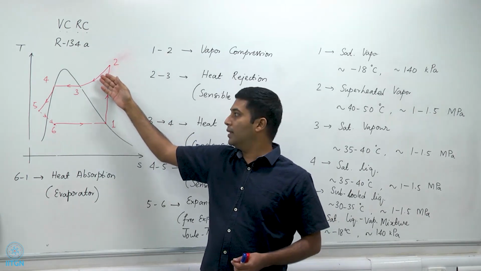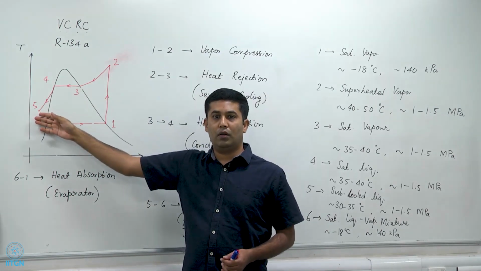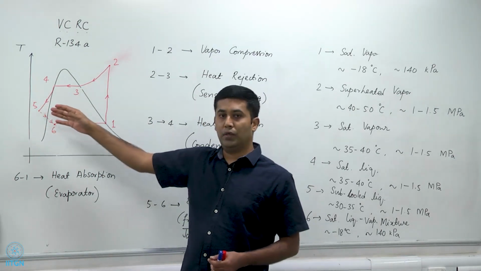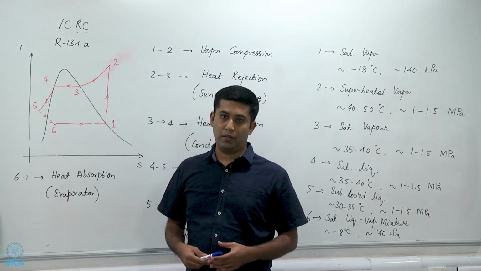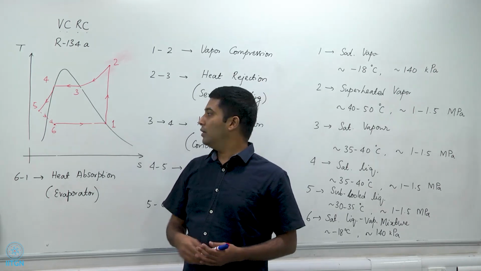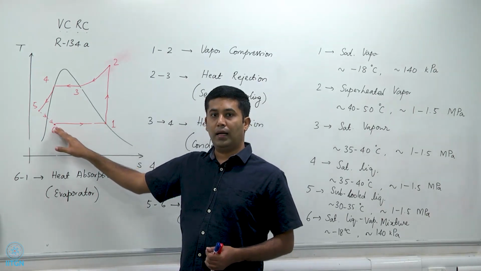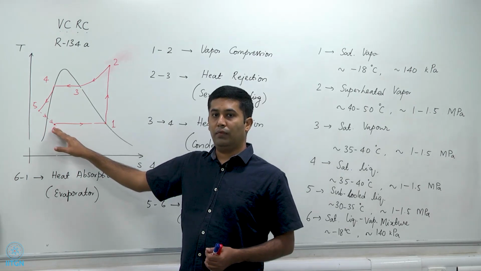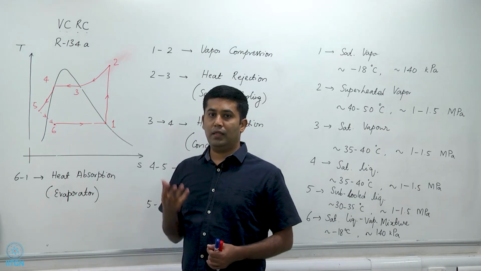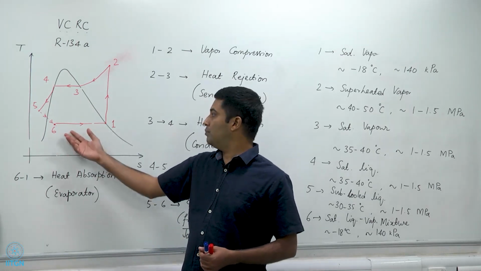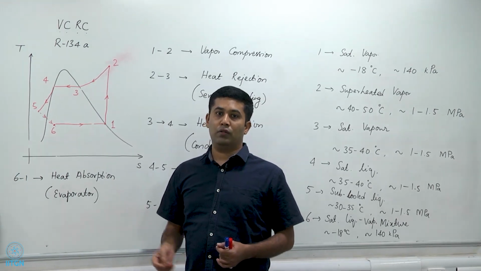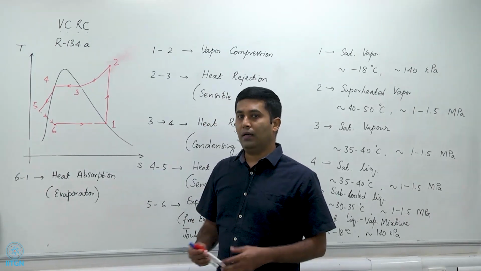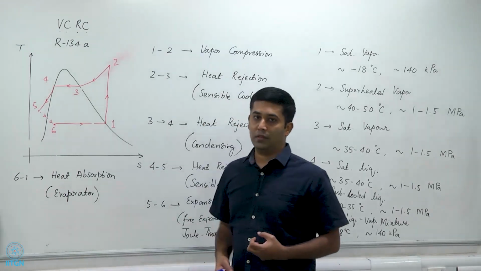This vapor then condenses to a subcooled liquid or saturated liquid, which is then expanded in an expansion valve to achieve low temperatures in the evaporator, and the fluid ends up slightly inside the dome as a liquid-vapor mixture, which is ready to absorb heat from whatever needs to be cooled and reach back to the saturated vapor state at 1, where it is ready to undergo the cycle once again. So this is basically how a vapor compression refrigeration system works.